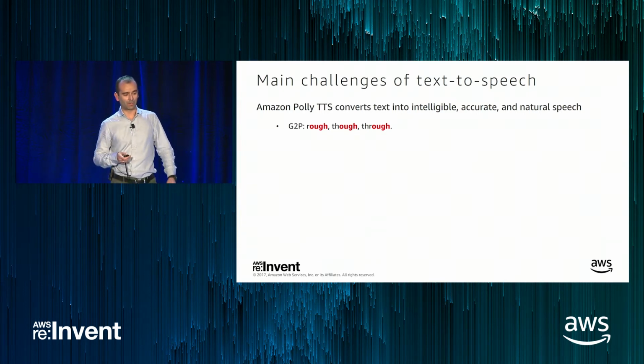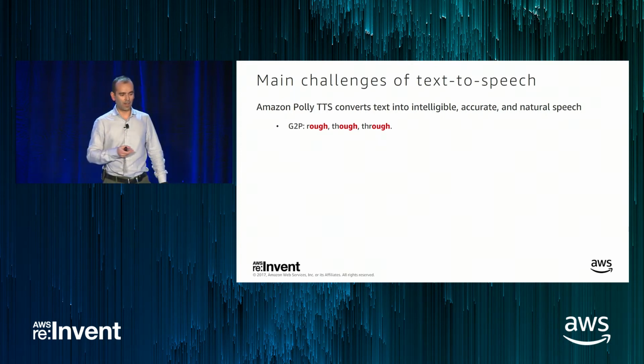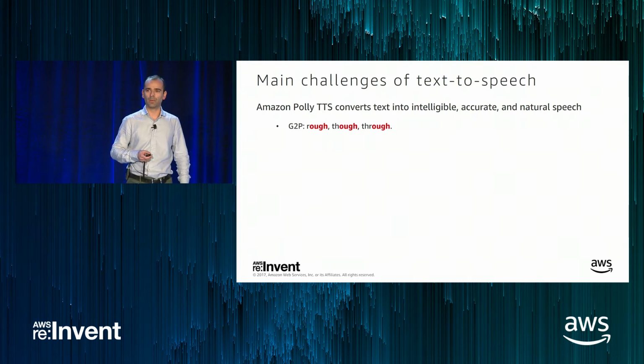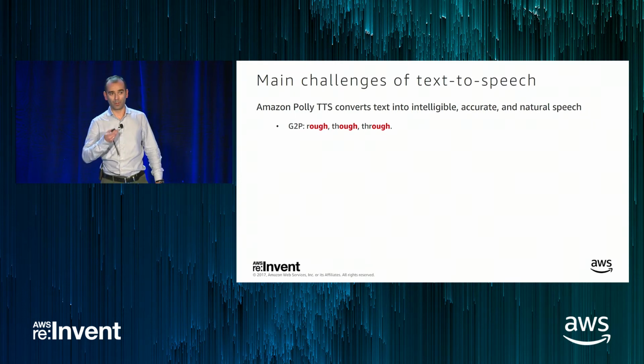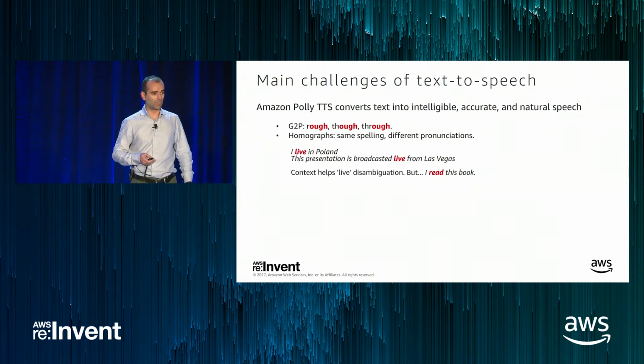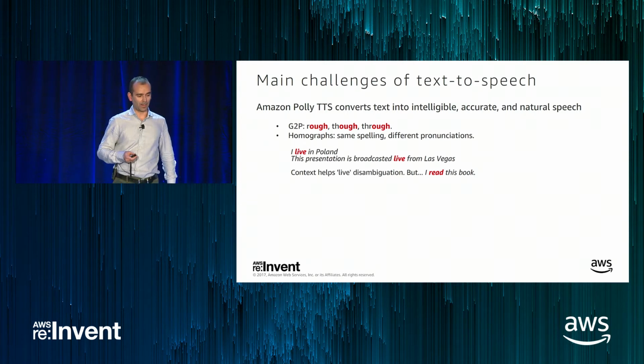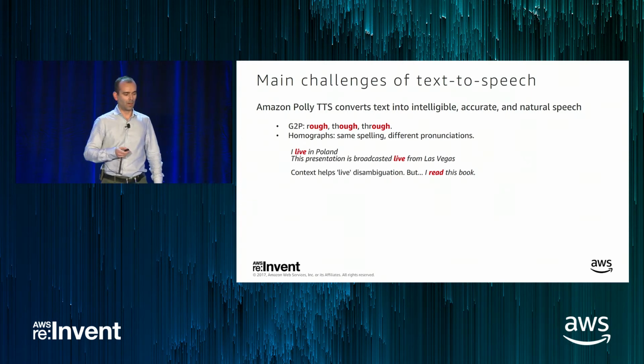But in this example, rough, though, and through, the same sequence of graphemes results in a different pronunciation. Other challenges are homographs, which are words written the same way but pronounced differently depending on the context, like live, live, or read, read, and many more.